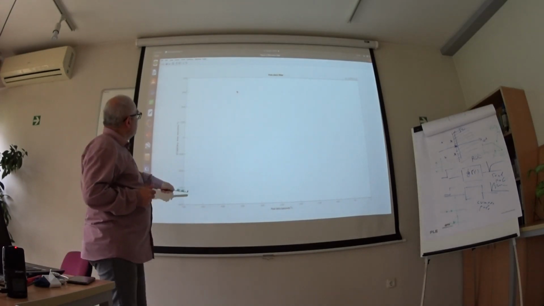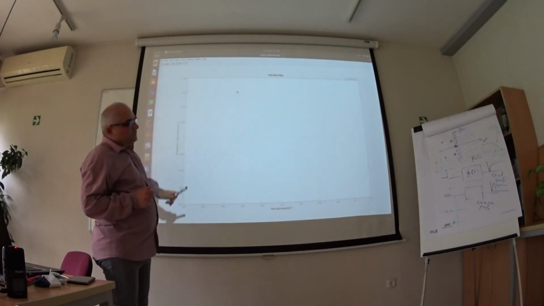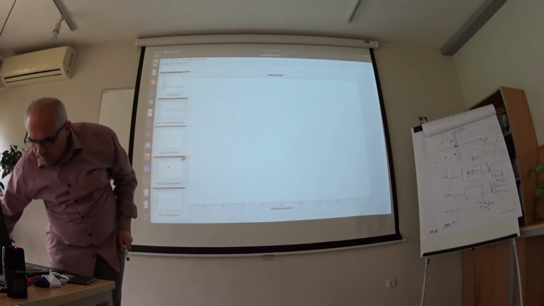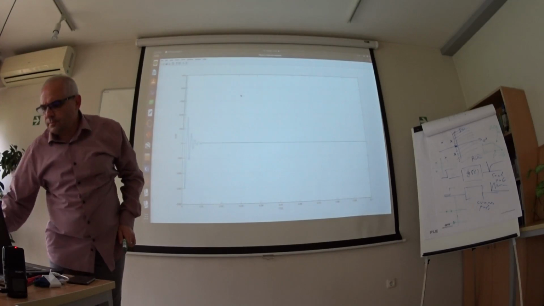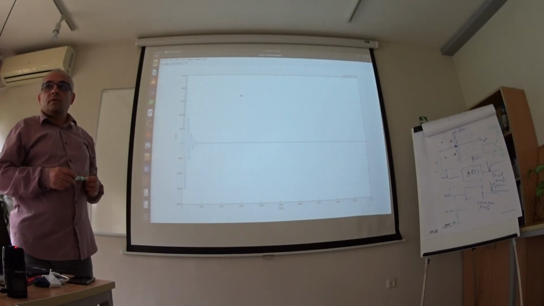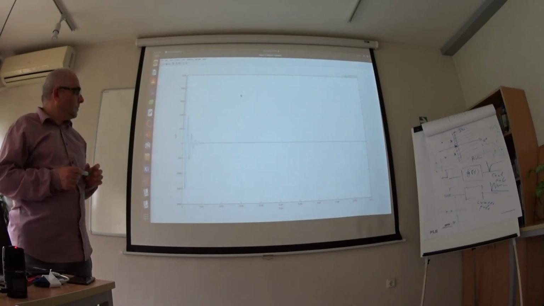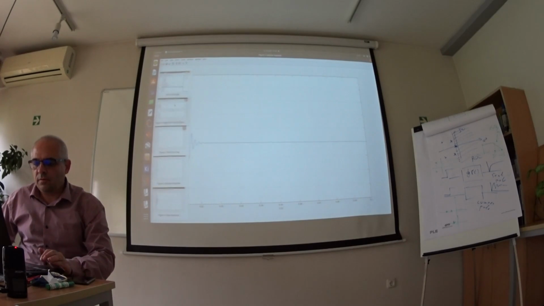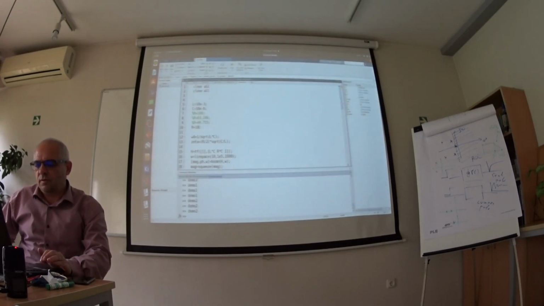Here is the first, here is the second. And the system is oscillating when we apply an input signal. If I try to lower this value, let's say 1, we get more oscillations.